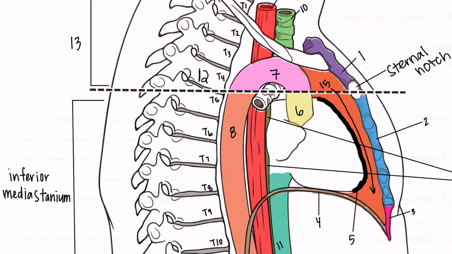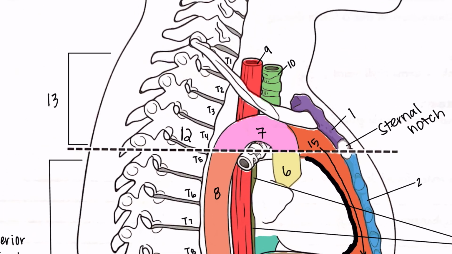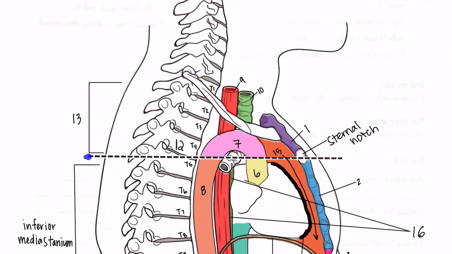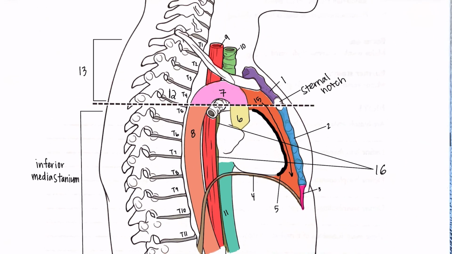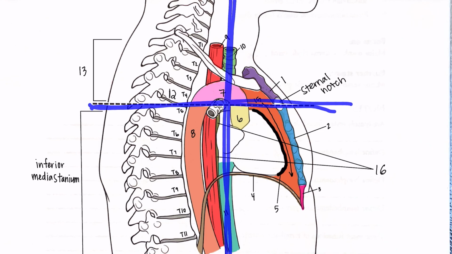I guess they wanted to point that one out just because that is where number 13 is going to divide and put this line. So number 13 is what we call your superior mediastinum. Imagine that you put a plus sign right here in the body.